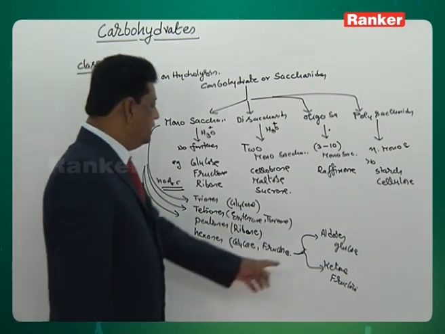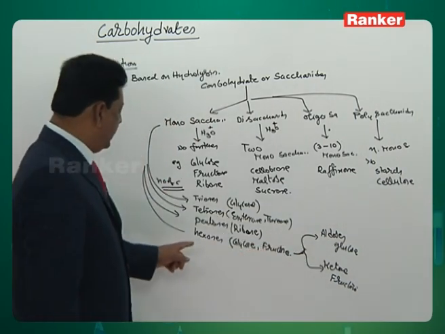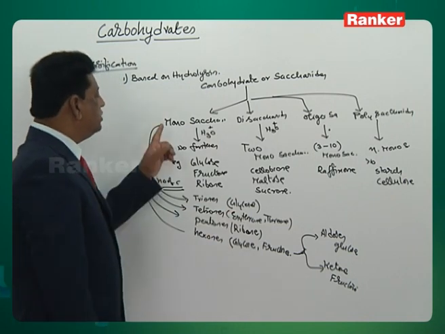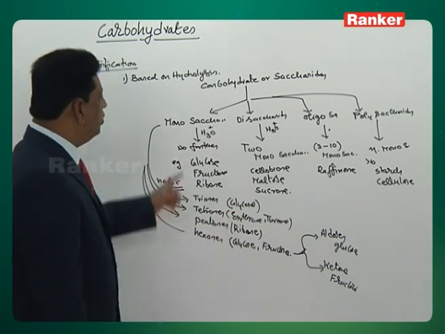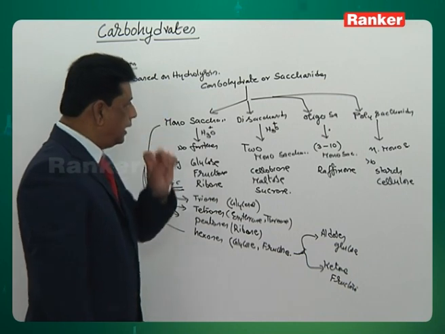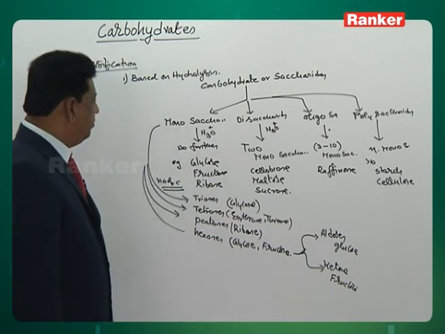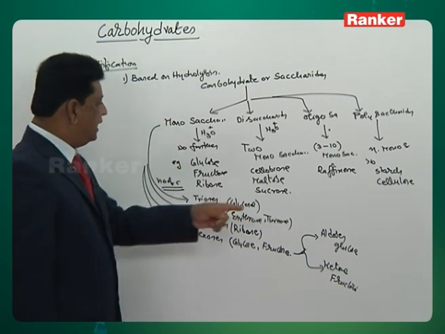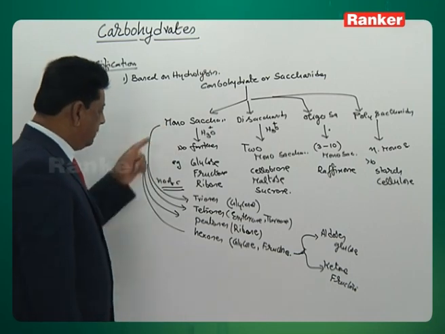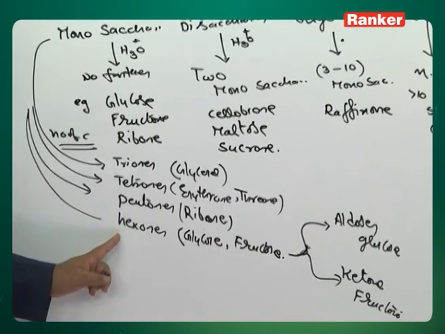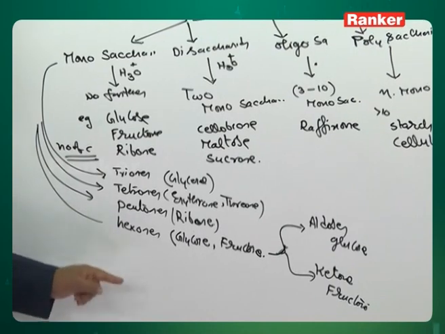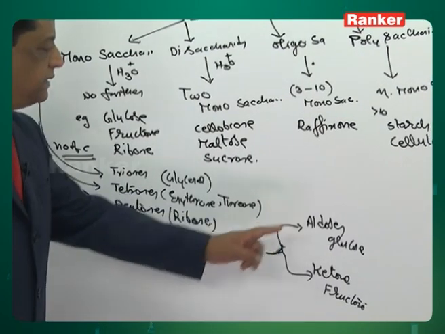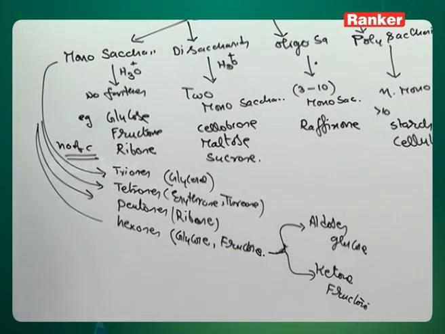So glucose is an aldose, glucose is a hexose, glucose is also a monosaccharide. Glucose ultimately is a carbohydrate, or a saccharide. Because it is not further hydrolyzed, we say it is a monosaccharide. Because it contains 6 carbons, we say it is a hexose. And glucose contains an aldehyde function, therefore it is called an aldose.